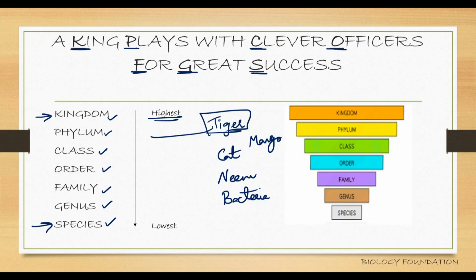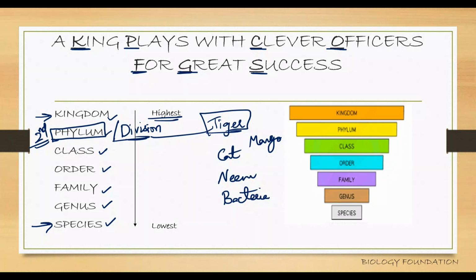One more important thing that you have to remember: the word phylum is used for animals. If we want to classify plants, then we use the term division. Both phylum and division hold the second rank, their position is second only. But for animals, we use the term phylum, whereas for plants, the term used is division.